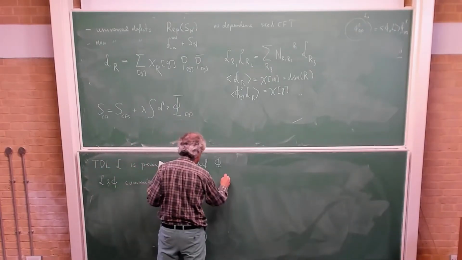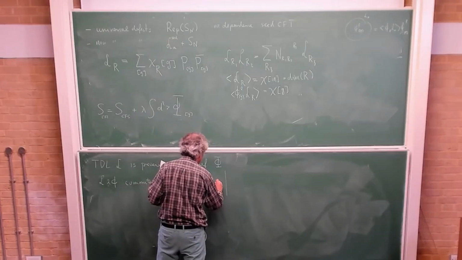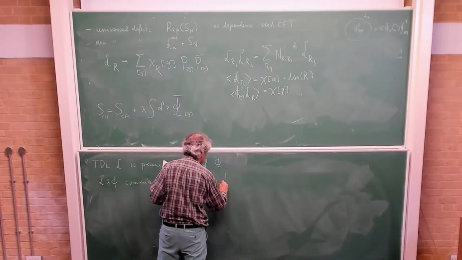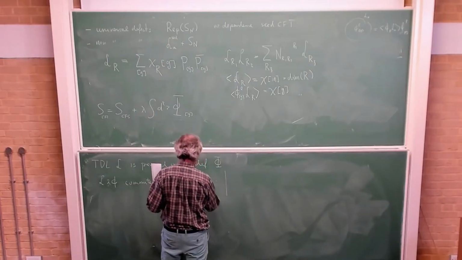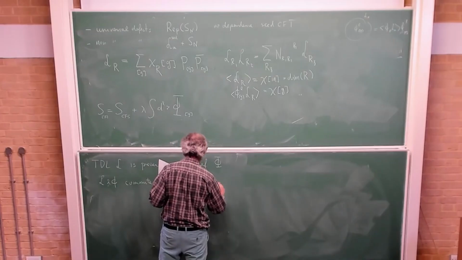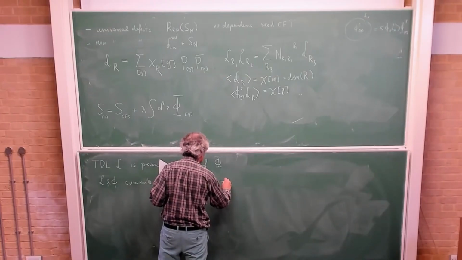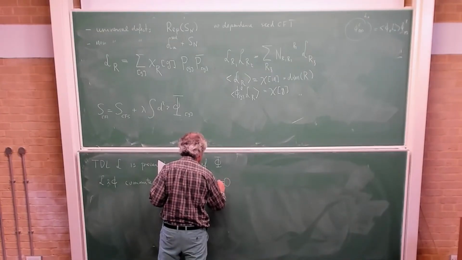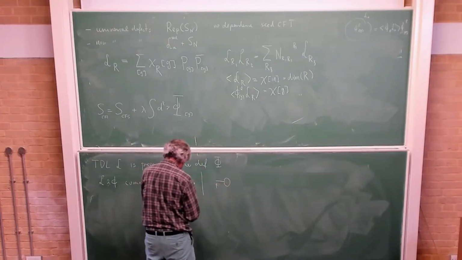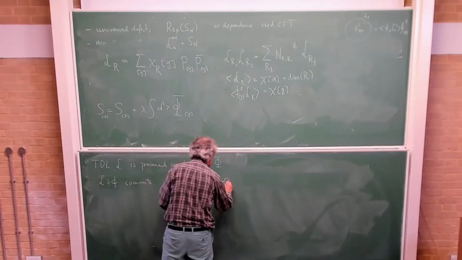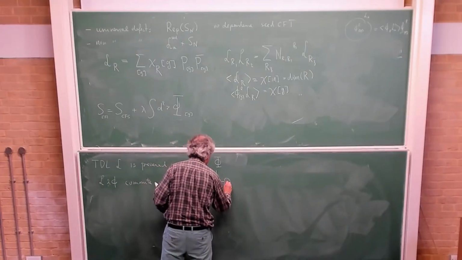In general, you would have a non-zero lasso action.